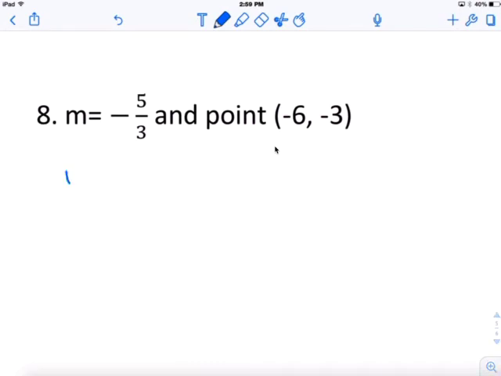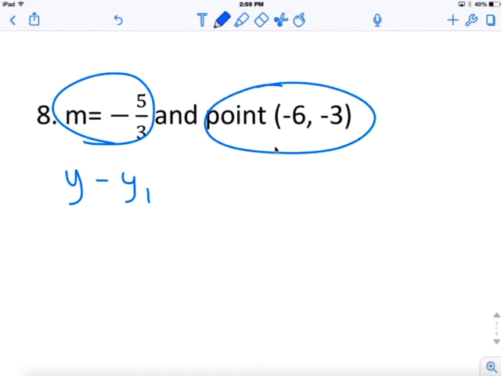For those of you, y minus y1, you've got a slope and a point, so it's called point slope, right? And parentheses x minus x1.